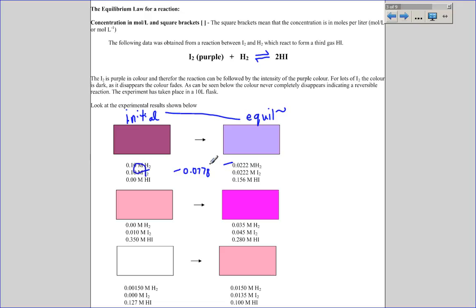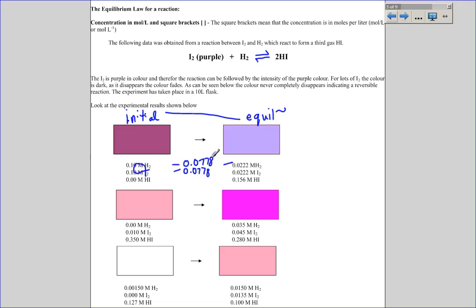So stoichiometrically, if we look at the chemical reaction at the top, we know that for every mole of I2 that's used, a mole of H2 is used. Okay, so what that means is that the H2 has also decreased by a concentration of 0.0778 in establishing an equilibrium. And so it will have the same equilibrium value of 0.0222.